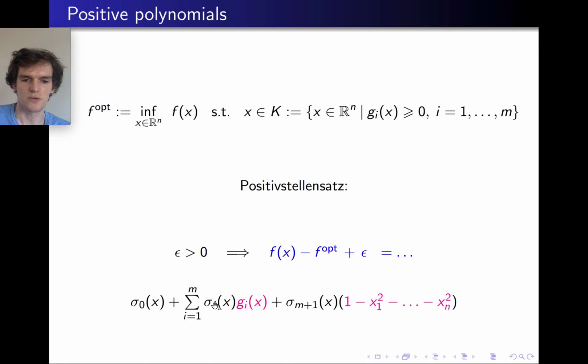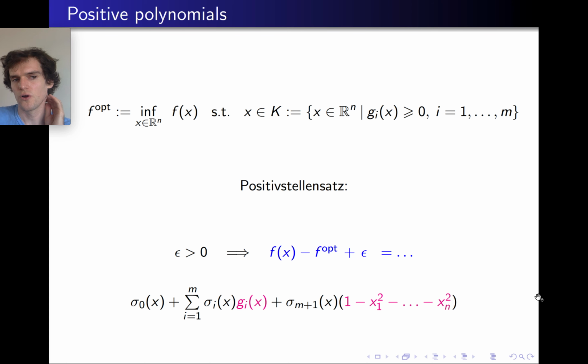These are the sums of squares right here, and these are the constraints, g_i. We're assuming that one of them is a ball, and that's where the idea comes from that we need a bounded feasible region. In fact, it's a little bit stronger, right? Because we also need to know a bound. Here I put 1, but you could technically have any radius, like r, for instance.